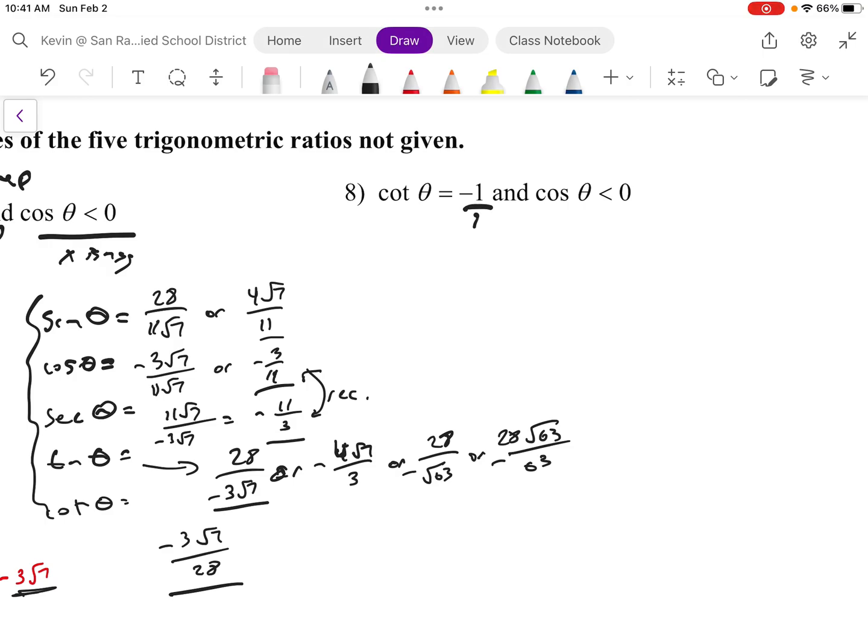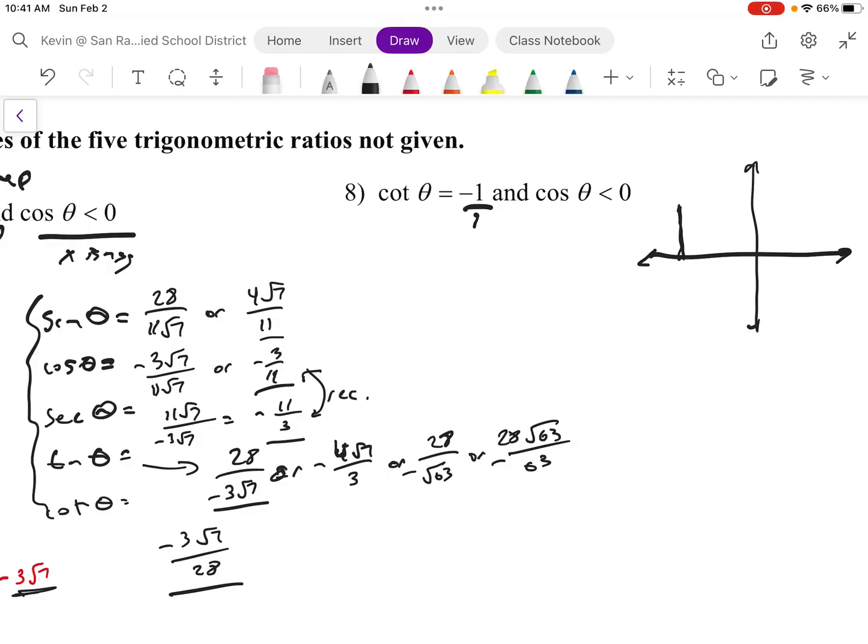Okay, so here cotangent theta equals -1, so that's -1/1, and cosine of theta is negative again. So again, we're going to be in the second quadrant. If cotangent is -1, that makes sense.